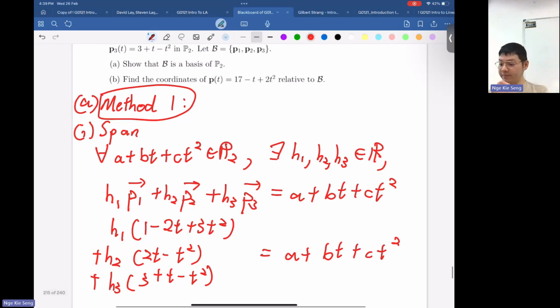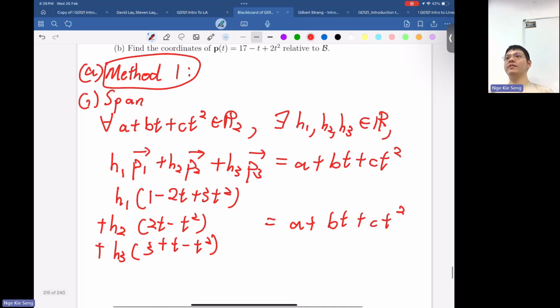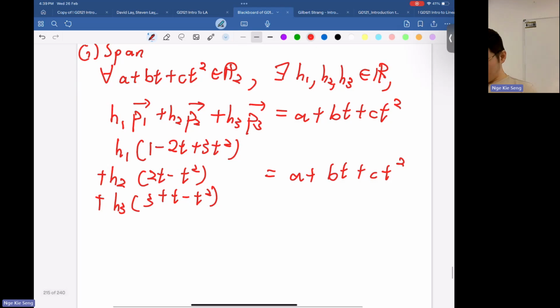So what do you do next? You expand everything out, and then you compare coefficients: the degree 0 term, then the degree 1 term, and then the degree 2 term. Can we quickly do that? Anyone know what a, b, and c equal? Can quickly compute this.